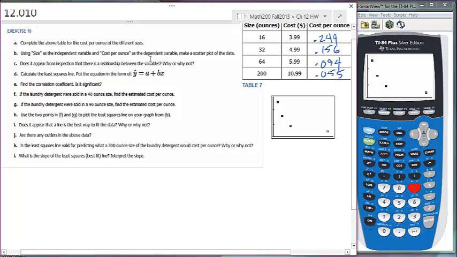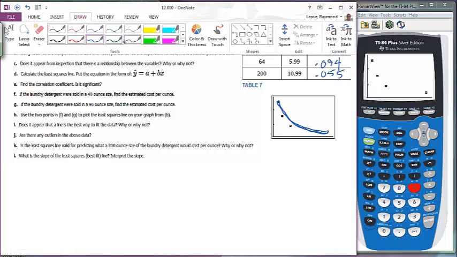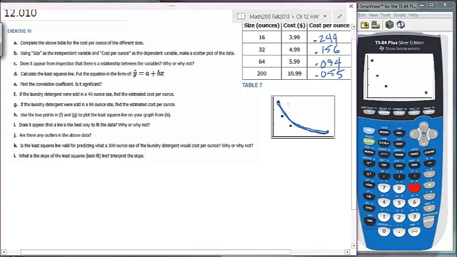It looks like there's some relationship between the variables. Unfortunately, the relationship that we're looking for does not look linear. It looks like there's a nice exponential function, decay as a matter of fact, that would fit it, but in terms of a line, I don't know about that. It looks like it might fit this way, it might fit this way.